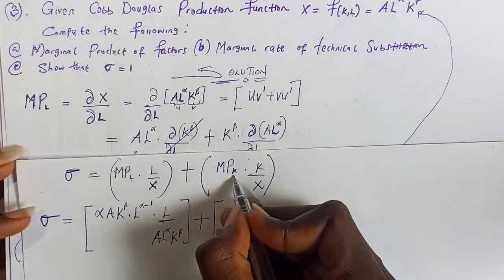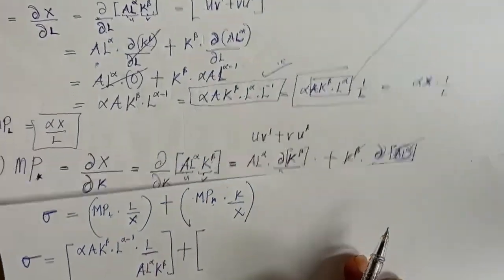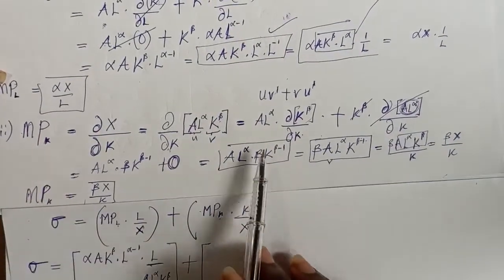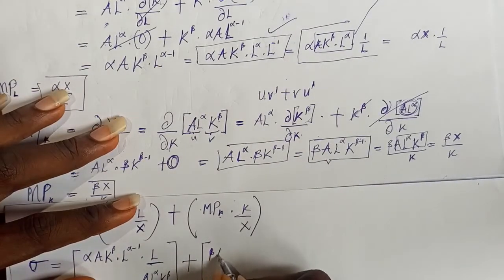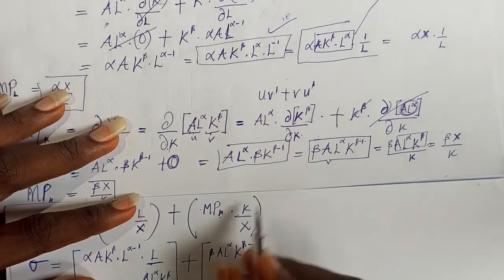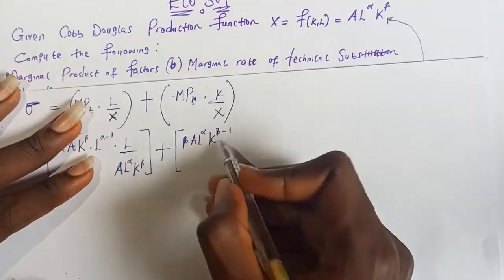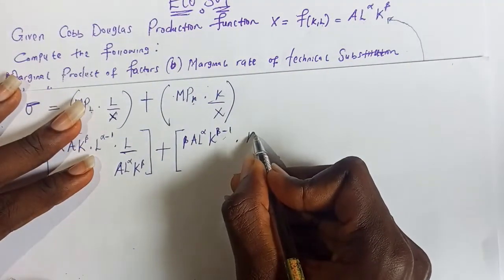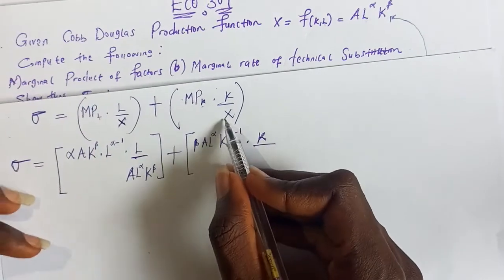Then plus, recall that our MPK, in terms of the expression itself, we have it as beta of A L alpha, then K to the power of beta minus 1. So that's our MPK. Then remember that we still have to multiply it by K all over the production function given to us.